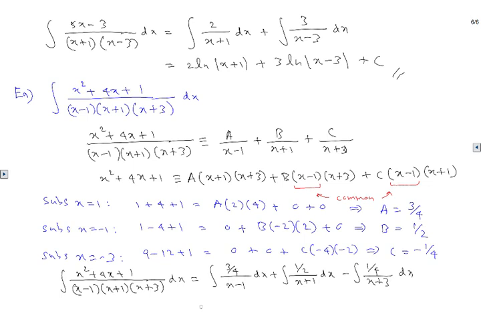These are very easy to integrate, so you're going to get 3/4 ln absolute value of x minus 1, plus 1/2 ln absolute value of x plus 1, minus 1/4 ln absolute value of x plus 3, plus c.